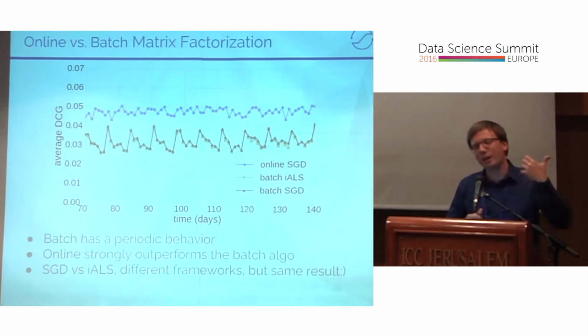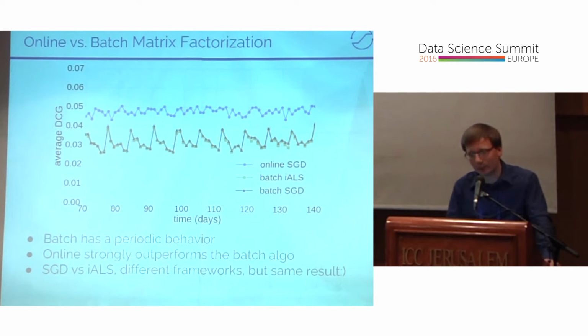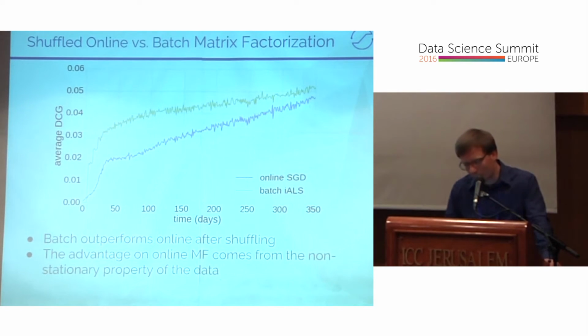For SGD, we used our own framework, and for IALS, we used GraphLab Create, and we observed an identical performance. I'm not saying that these two algorithms are the same, but I can say that in this data set, in a temporal setting, these two algorithms performed identically. But the online one, the online SGD, strongly outperformed the batch methods.